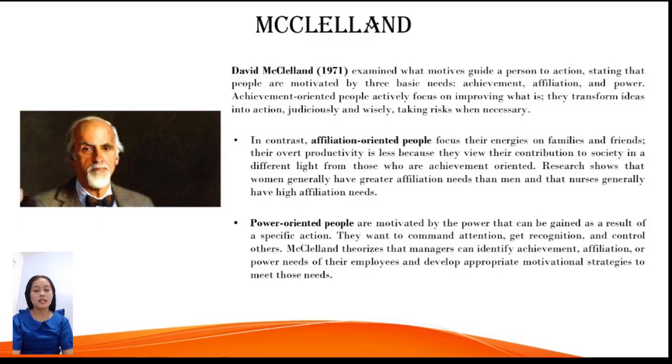In contrast, affiliation-oriented people focus their energies on families and friends, and their overt productivity is less because they view their contribution to society in a different light from those who are achievement oriented.